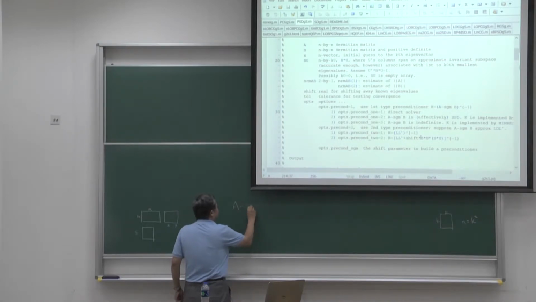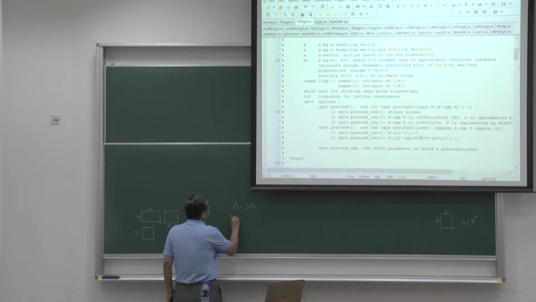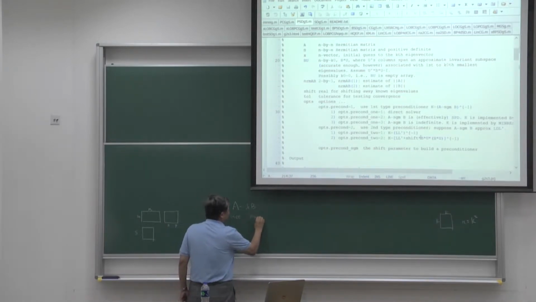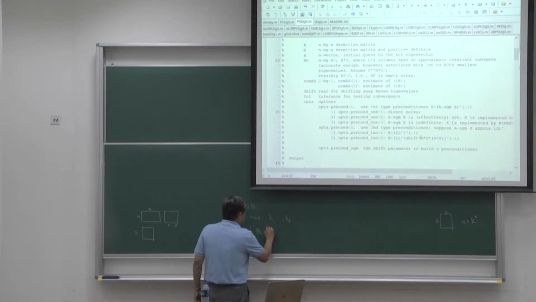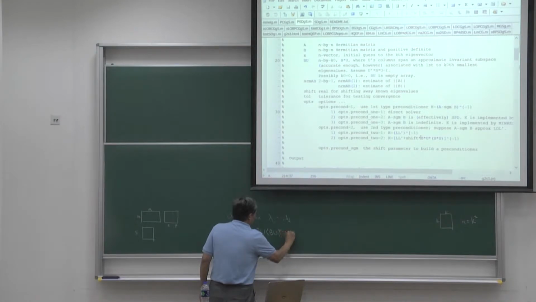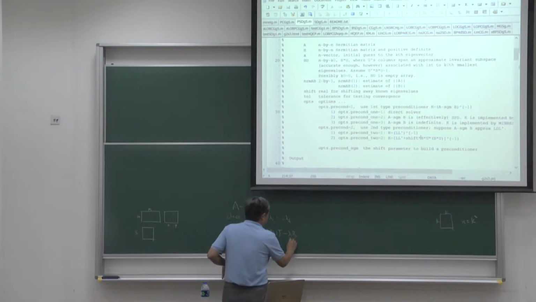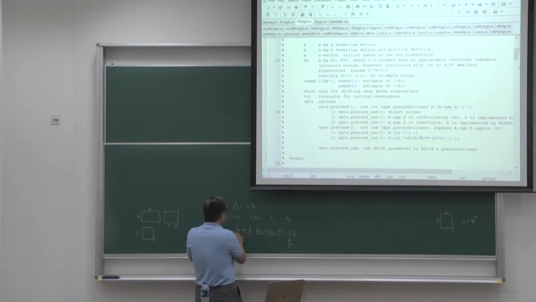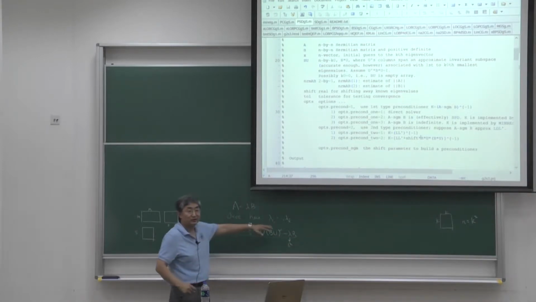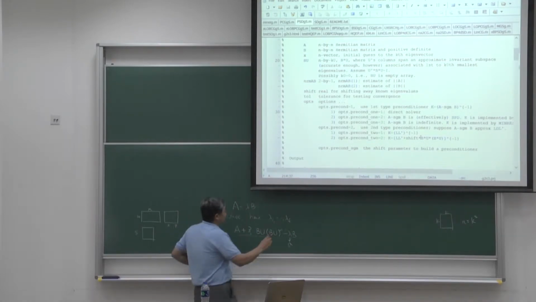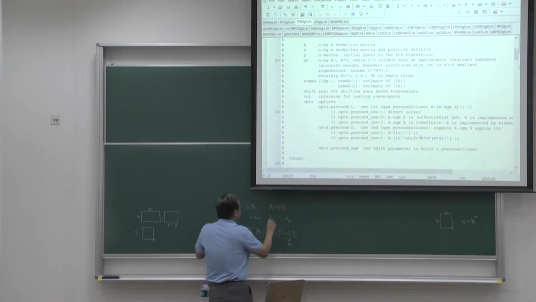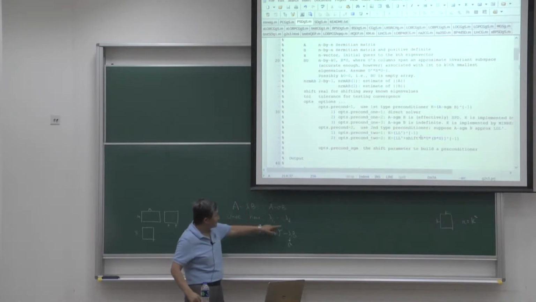You start with A minus sigma B. Once we have the first k eigenvalues, we actually work on a different matrix, and you do the LDL decomposition on this whole thing rather than A minus sigma B. So once you have the first k eigenvalues, your shifted matrix should be like that.